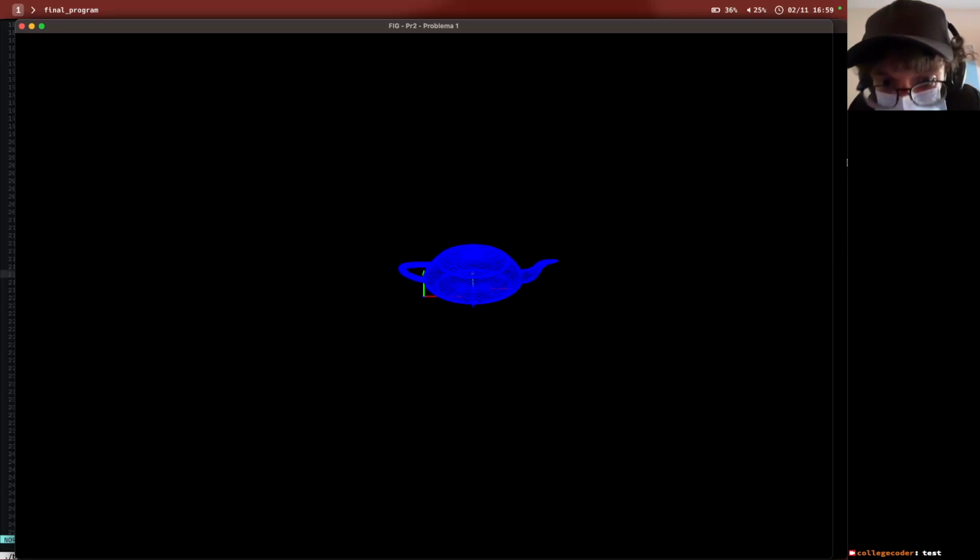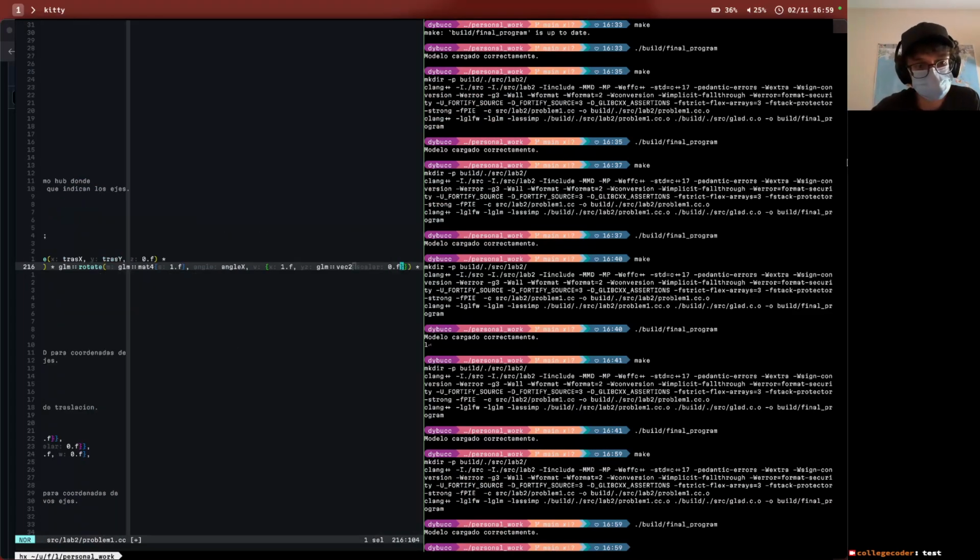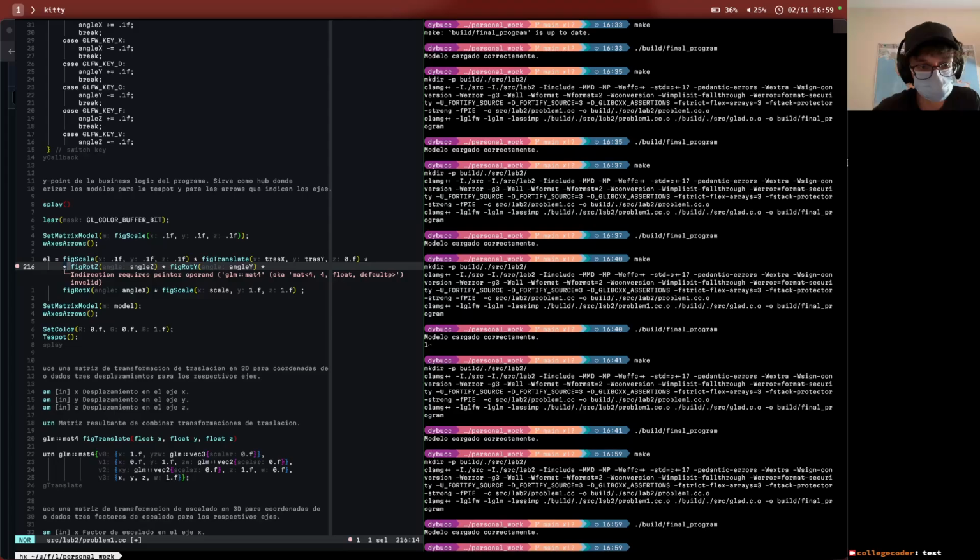Right, so it's not that I'm getting it wrong, it's that any rotation does that. Even with GLM, I'm rotating now on the x-axis. It's reassuring to know that I was not doing it wrong.